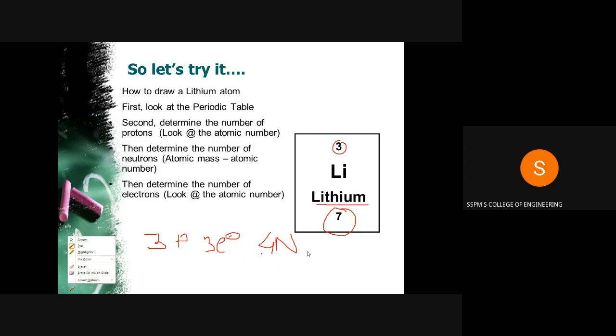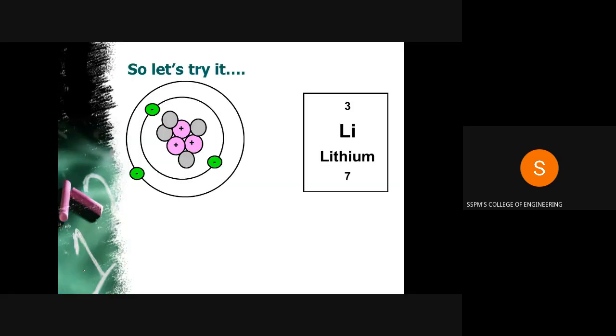You can calculate by using the atomic number and atomic mass number. The atomic mass number is given here. You subtract the atomic number and you get the number of neutrons. So see, this is the structure of lithium. As we already know, 3 protons are present.